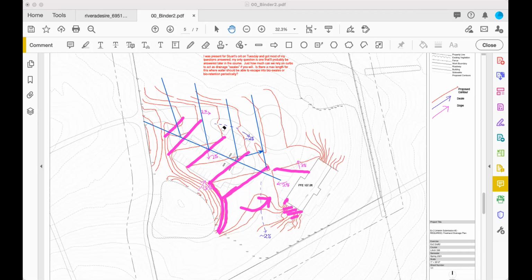There are a few contours that are not connected on this left side. So we're missing this one. 99, 97. Okay, so that works.